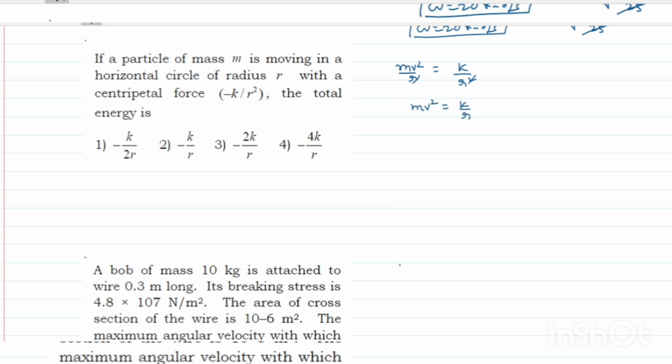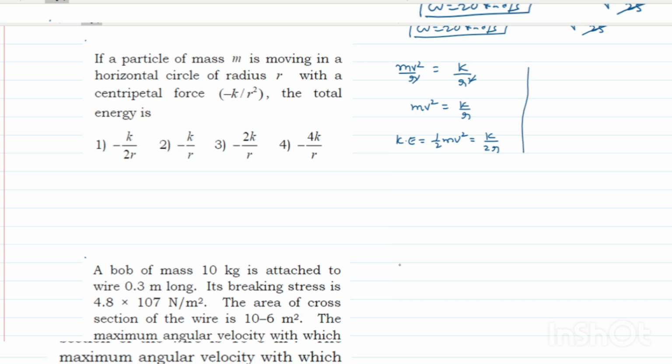And kinetic energy, on both the sides you have to divide with 2, so it's nothing but half m v square, which is k by 2r. So this is the kinetic energy you are getting.